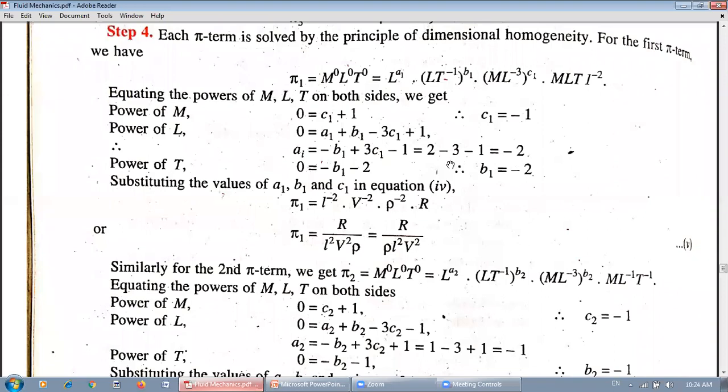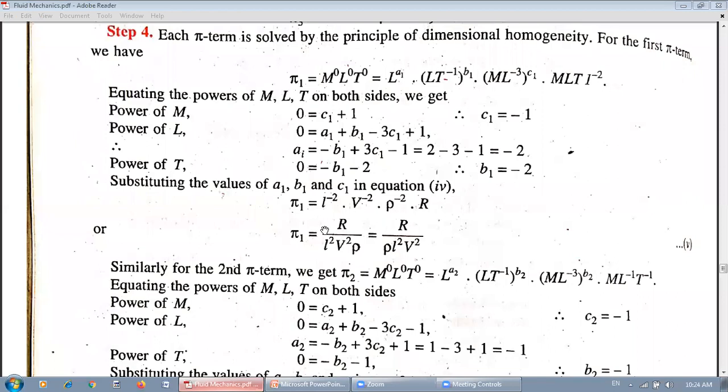So once we get A1, B1 and C1, just write down the pi term.